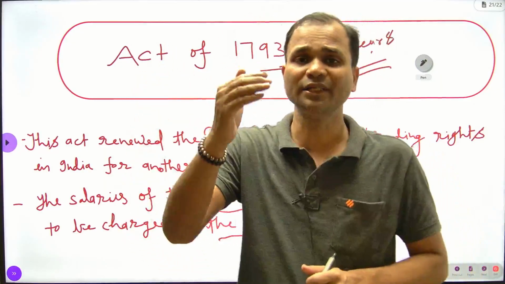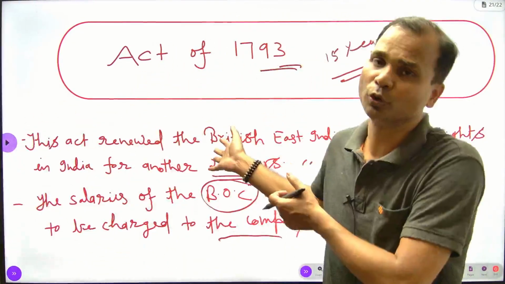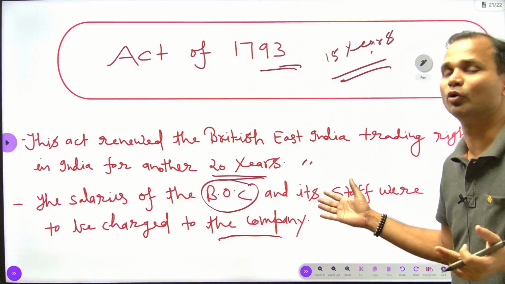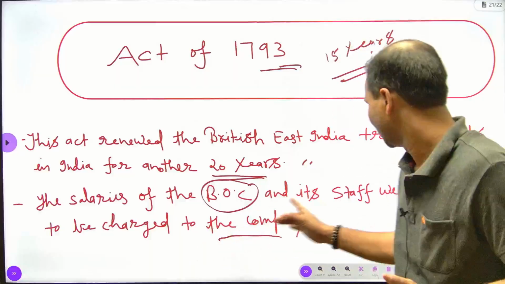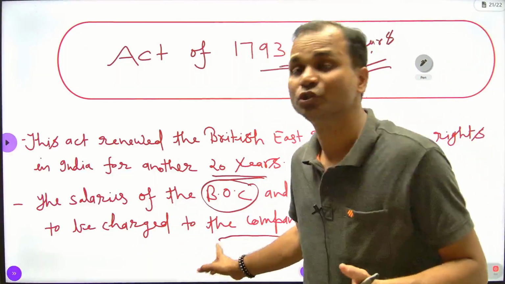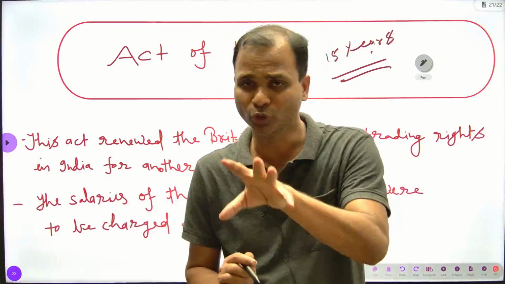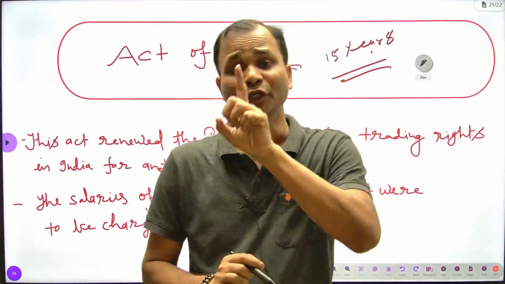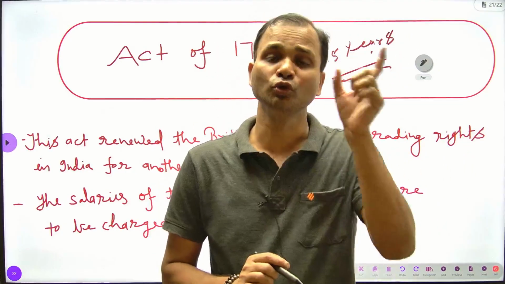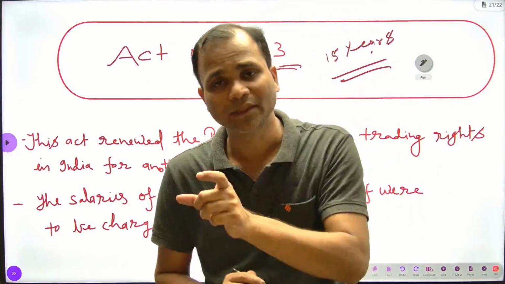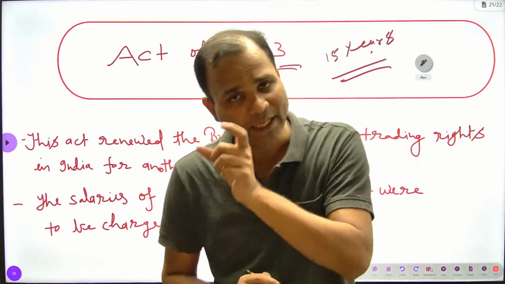the 1786 Act. And in the 1793 Act, the company's monopoly was extended up to 20 years, and the salary of the Board of Control was to be charged to the company. I have explained these two acts clearly. Before knowing these acts, it is necessary for you to know the details of the Regulating Act, Pitt's India Act, and the Settlement Act.